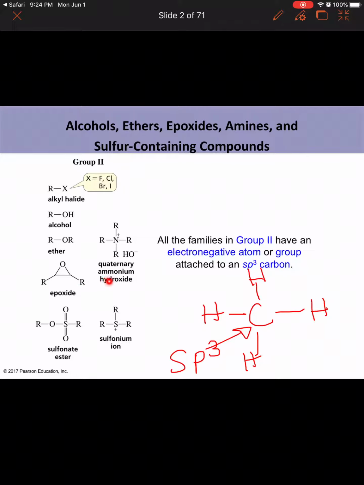And then we also going to learn about quaternary ammonium hydroxides, that's an amine group. And then sulfonate ester, which has a sulfur in the middle, and also sulfonium ion, which is sulfur with 3 alkyl groups. So we're going to learn about reactivities of these groups in this chapter.